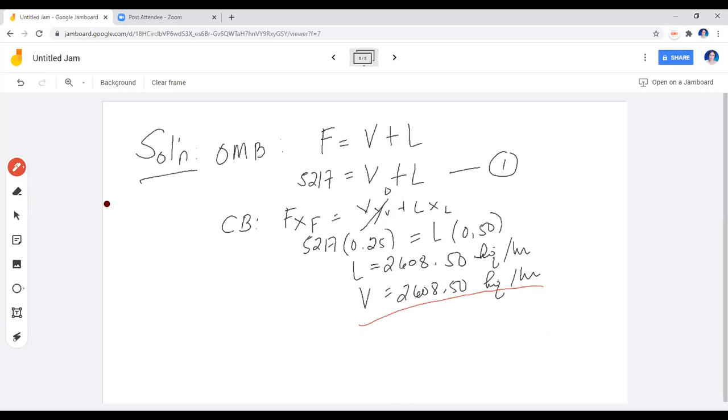Then we go to our energy balance. Now, when we do energy balance, your F, HF, if you recall, should be added to S, lambda S, and it should be equated to L, HL, plus V, HV.